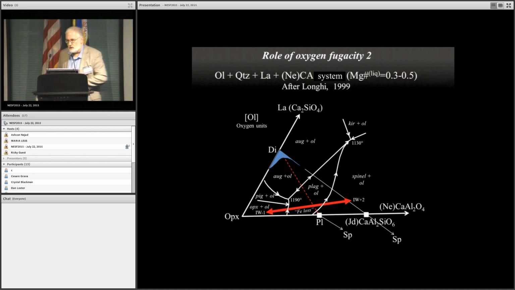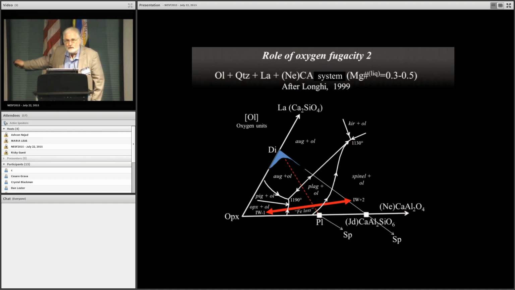So if one has reducing chondritic material that you're melting, in the first episode of differentiation to form crust, one produces melts in this field, or magmas that are very similar to eucrites. If, however, you're fairly oxidizing, in this field here, one produces melts at this composition here and along these reaction lines, which are very, very similar to the angrites.